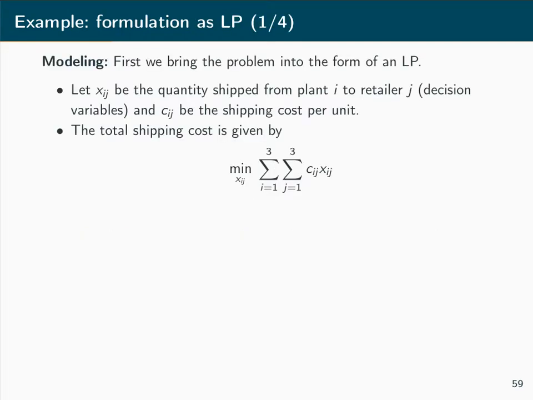After realizing that this type of problem can be modeled as an LP, our motivation in this example is to actually formulate this problem as an LP. So what we have to do is some corresponding mathematical modeling work, and the first step is to define the decision variable x_ij as the quantity that's shipped from plant i to retailer j.